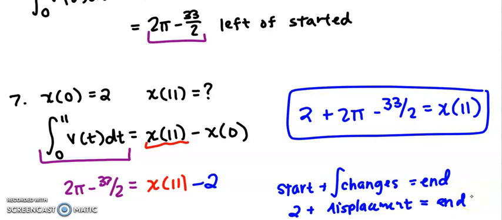Okay, and as we saw in number 6, you can talk about displacement, that we were 2 pi minus 33 halves left of quote-unquote start, whatever that start is. Maybe it's your house, maybe it's a flagpole, maybe it's the lake. In number 7, they tell us, hey, what if you had started at 2? Okay, well, we're going to start at 2, and then we still have our displacement of 2 pi minus 33 halves.